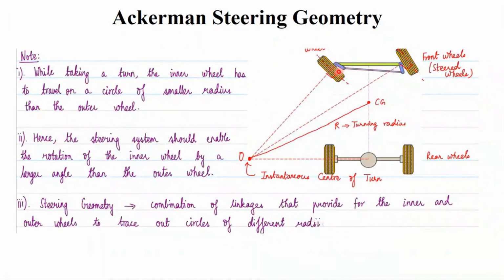You see here, this is one linkage, this is one linkage, this is one linkage, and this is one linkage. Okay, you can see the linkages, and this forms a steering geometry, which is nothing but the combination of linkages that provide for the inner and outer wheel to trace out the circles of different radius. Okay.